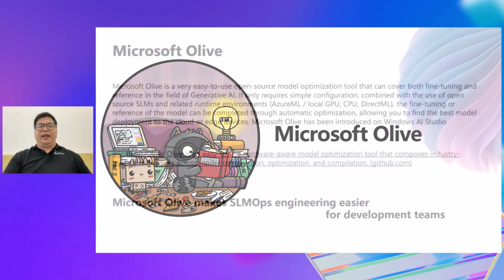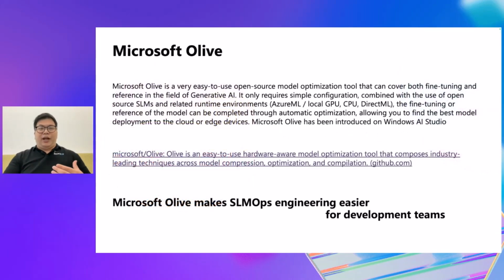We can see Microsoft Olive is very easy to set different steps in SLM ops. Just like you can set the dataset, set the Azure ML compute, and convert a format in Microsoft Olive. It can have some runtime.